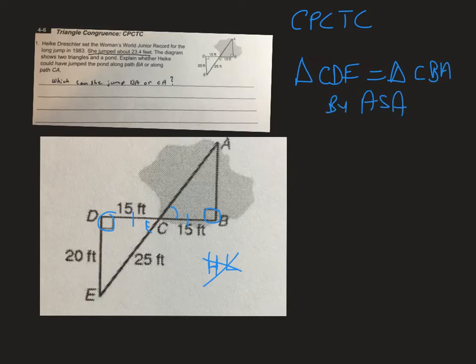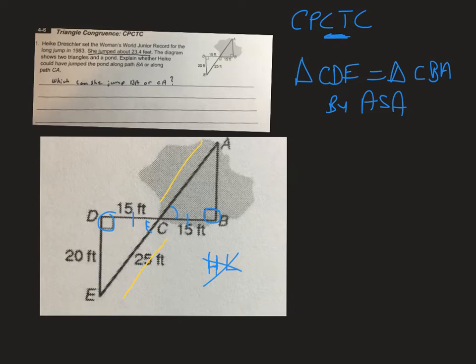So right now, what do we have here? We have the congruent triangle part. Remember, corresponding parts of congruent triangles are congruent. So right now we have the congruent triangles, and now we're going to identify the corresponding parts. I can see that this length right here, this 25-foot length, is going to be this length.